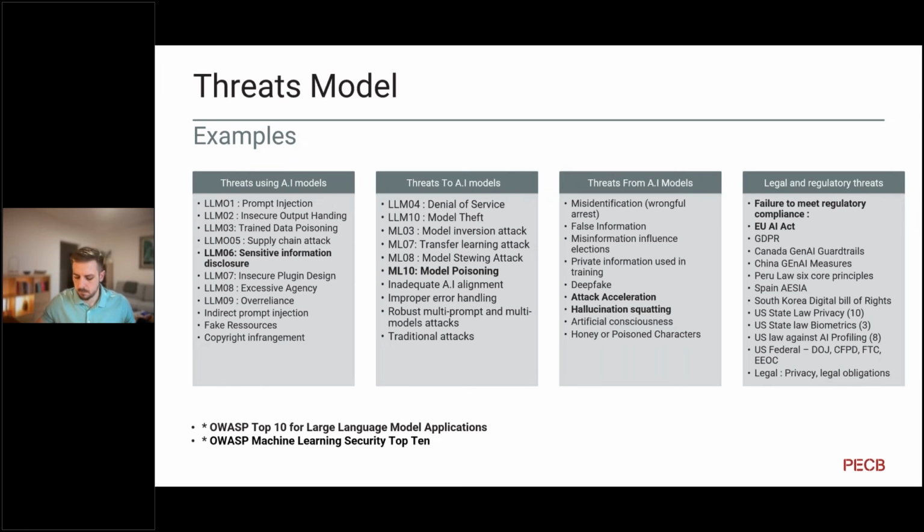Let's take, as always, the example of healthcare that we know very well in Probe IT. Manipulating AI diagnostic tools can produce incorrect medical diagnoses. So you see that directly it will be a very strong and critical impact, with consequences for the patient and the privacy of the people.